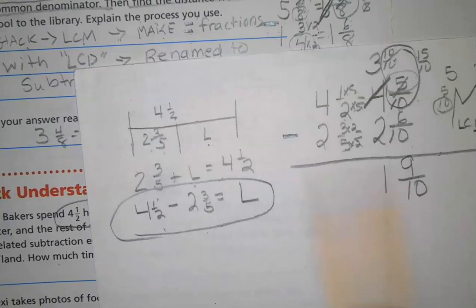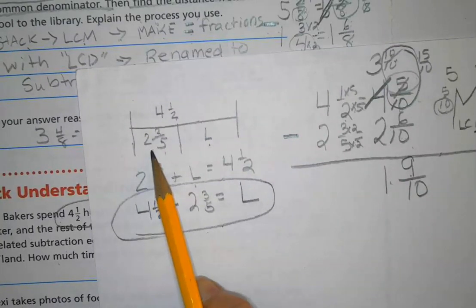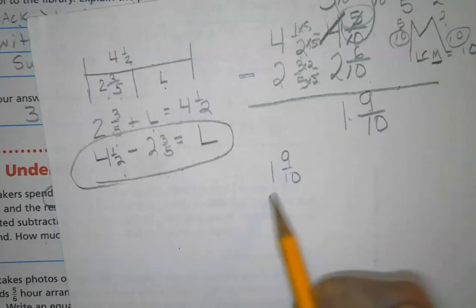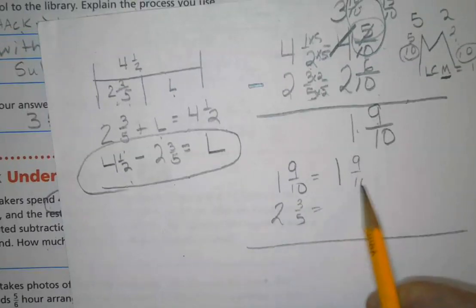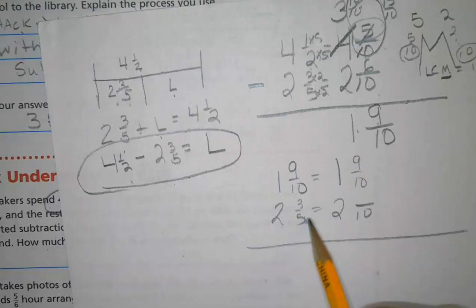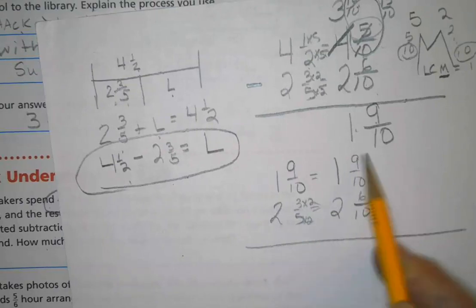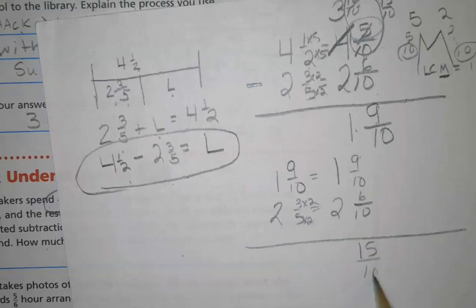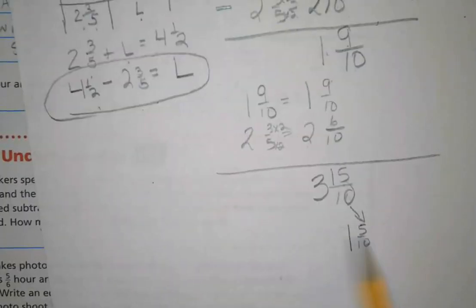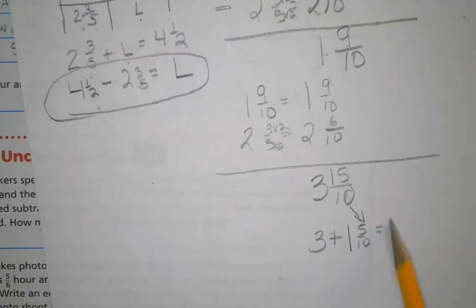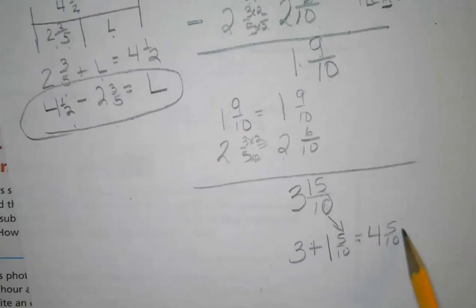I can check that by saying 1 9/10 plus 2 3/5 and seeing if I end up with 4 1/2. And it does check out.